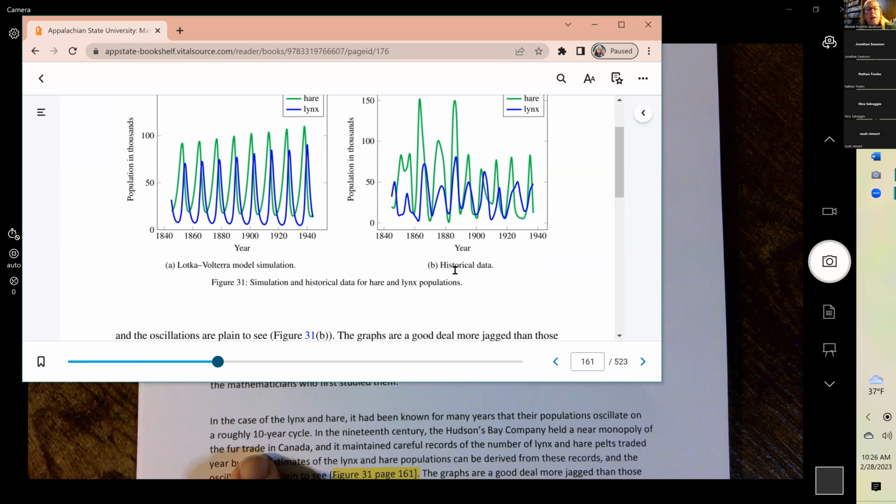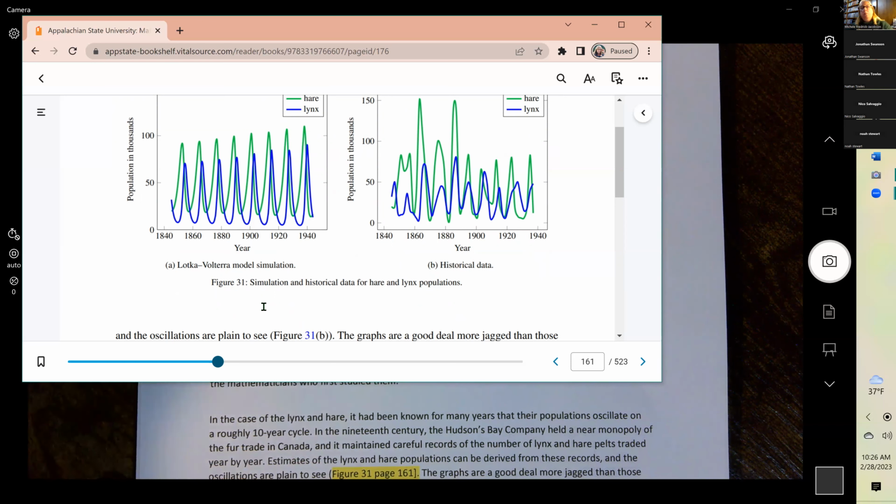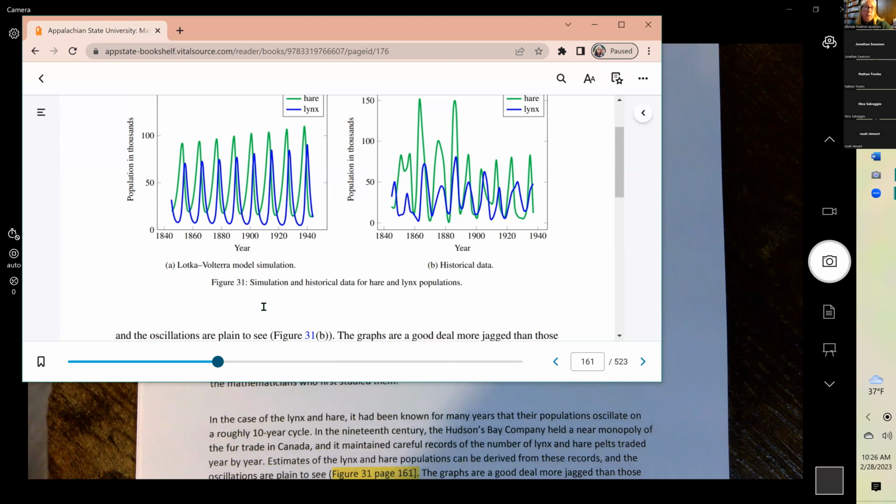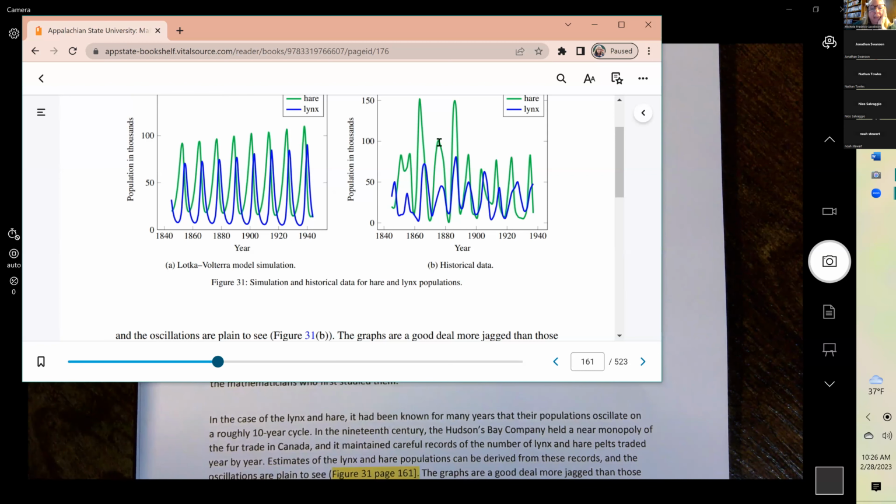They kept track of how many there were of the lynx and the hare because they didn't want to completely lose them. And so they were allowed to hunt so many depending on the population. So this was actual data of how many of each there were. The green is the hare and the blue is the lynx. And you can see how it goes up and down depending on the other one.